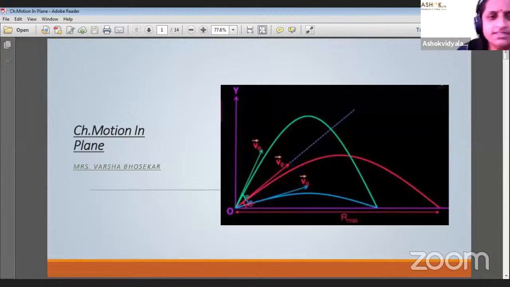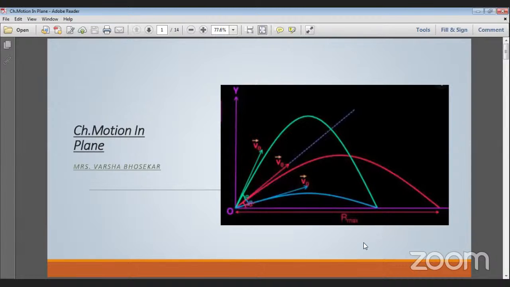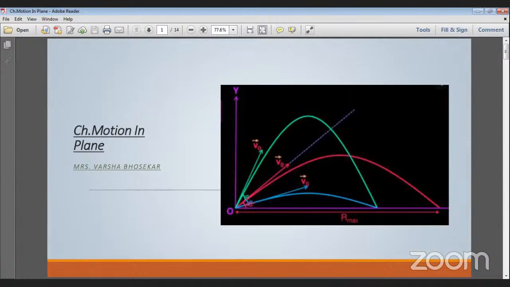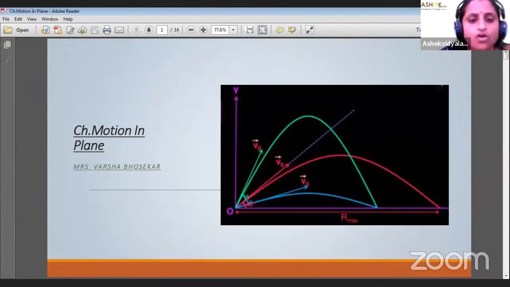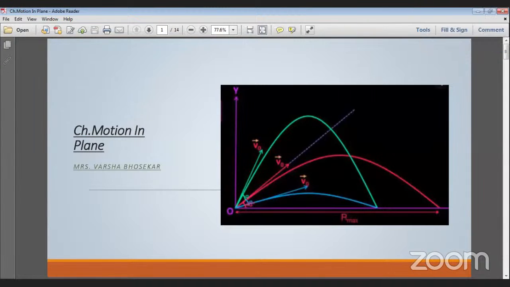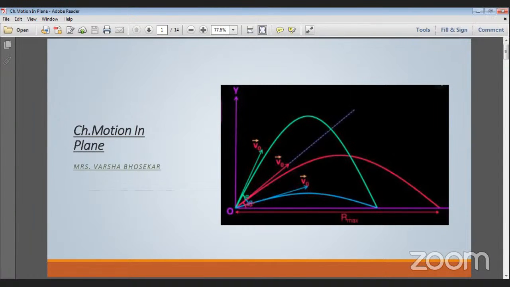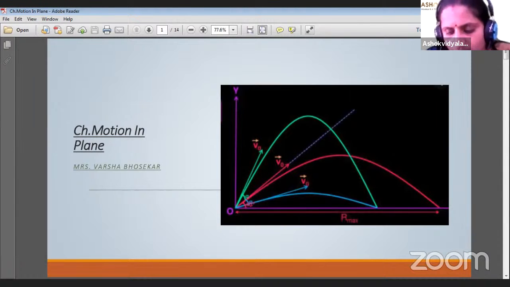Good afternoon, students. Now we will start chapter 3, motion in a plane. In the last lecture, we already saw the meaning of projectile motion. Any object thrown in the air with some velocity is called a projectile, and this motion is called projectile motion.